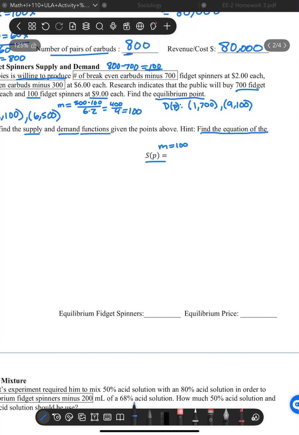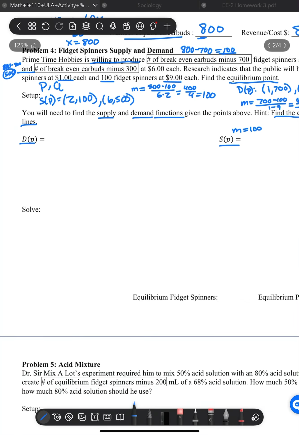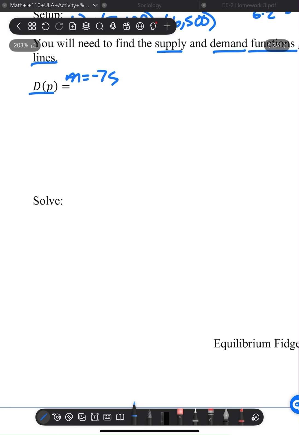Now for our demand. Our slope will be 700 minus 100 over 1 minus 9, we have 600 over negative 8, and we have negative 75 as our slope. So for our demand, we have a slope of negative 75. Alright, so let's get our equation for our demand.